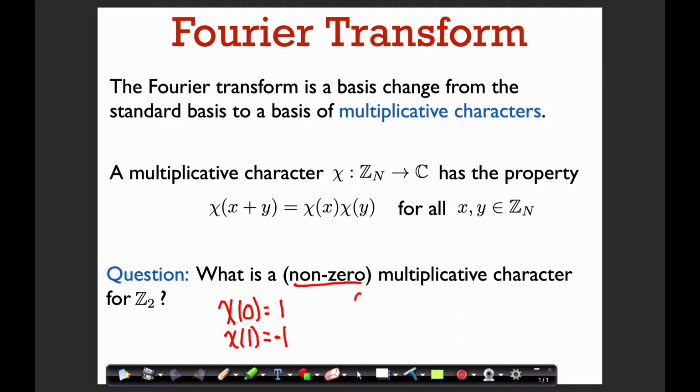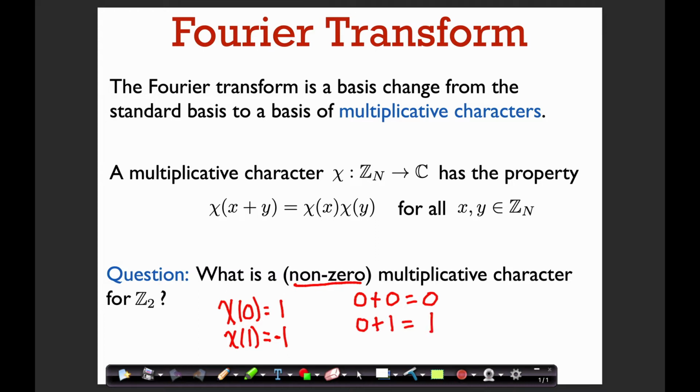Let's just go through the cases. Of course 0 plus 0 is 0. If both x and y are 0, the left-hand side is chi of 0, that's 1, and chi of 0 times chi of 0 is also 1. Then if we have 0 plus 1, that's of course 1.